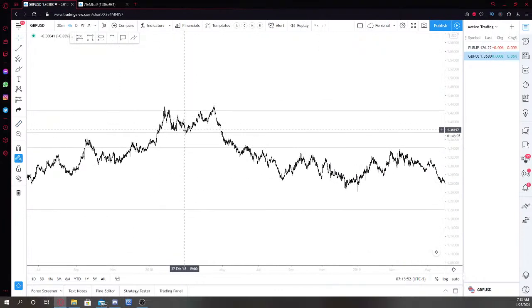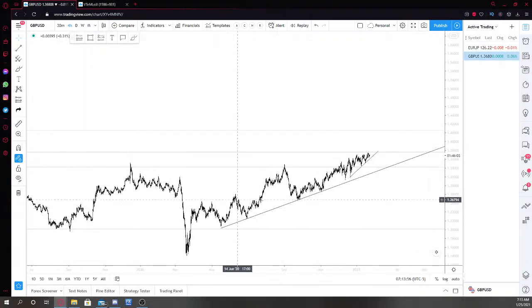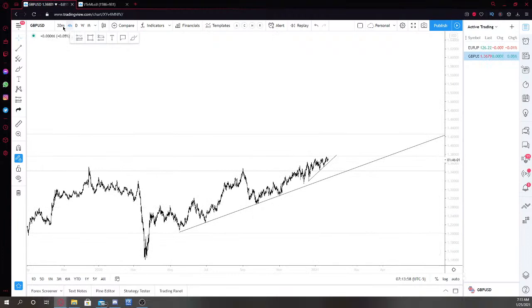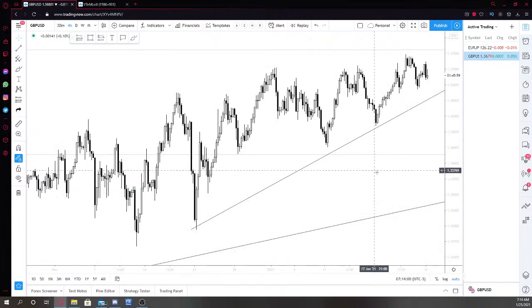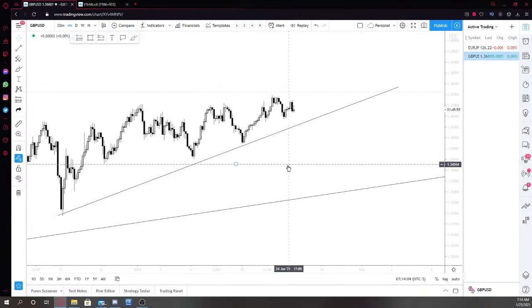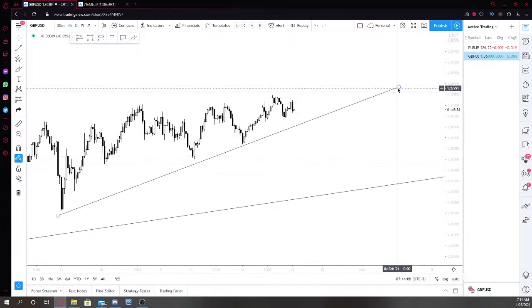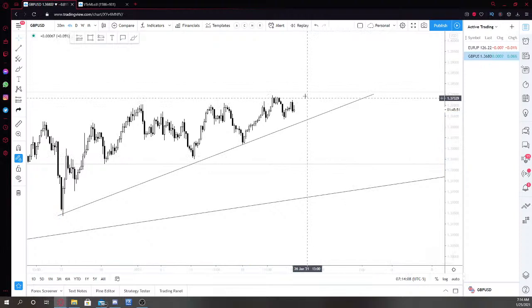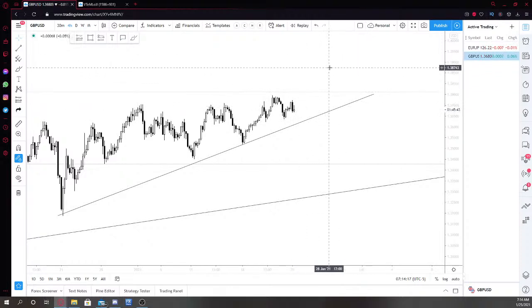So previously price acted as a support here, price broke through, and now price is acting as a resistance. So what we're looking at is price acting within this floor and ceiling, just to keep it in simple terms, and price is at the top here, so we could see a potential sell-off from this area, or we could even see price break through it and get up into this upper zone.